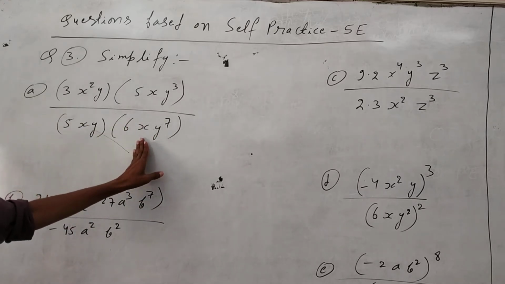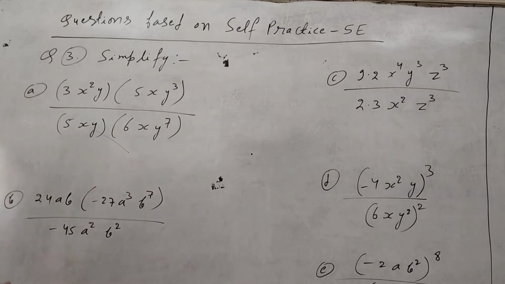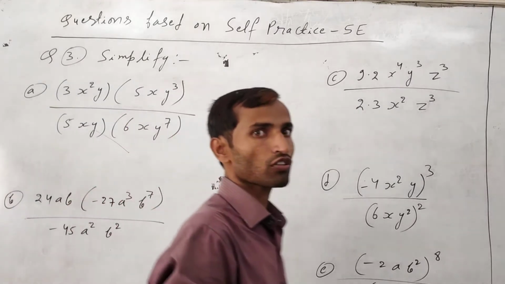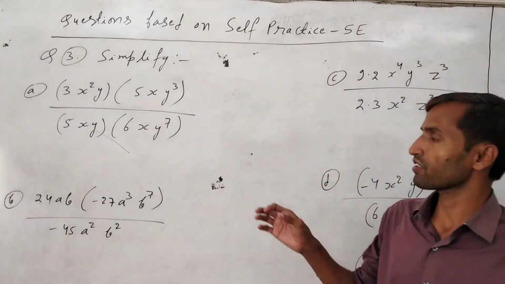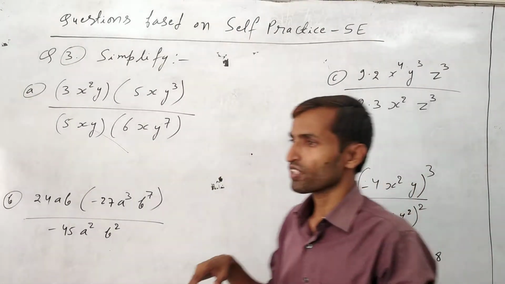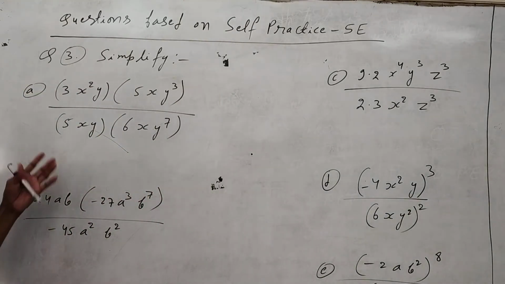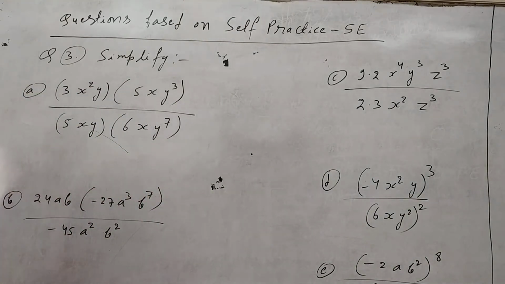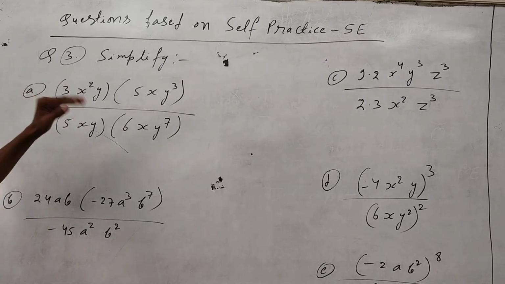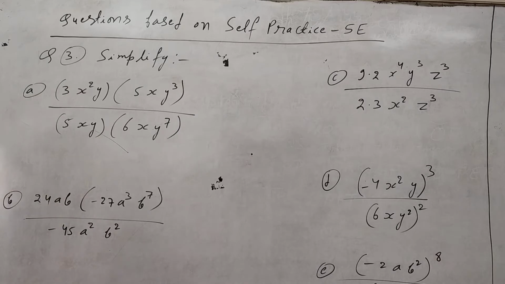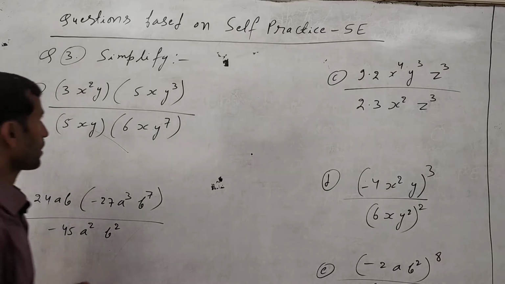Whatever we did in the previous questions 1 and 2, we do the same here. We cancel out numbers with numbers, meaning whatever constants are given we cancel them if possible, and for variables, if division is there and the base is the same, we subtract the powers.